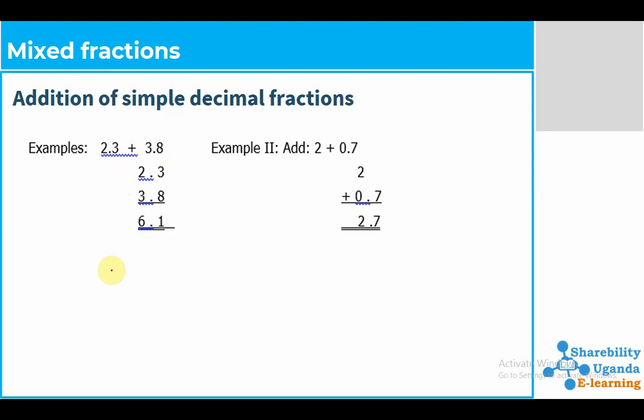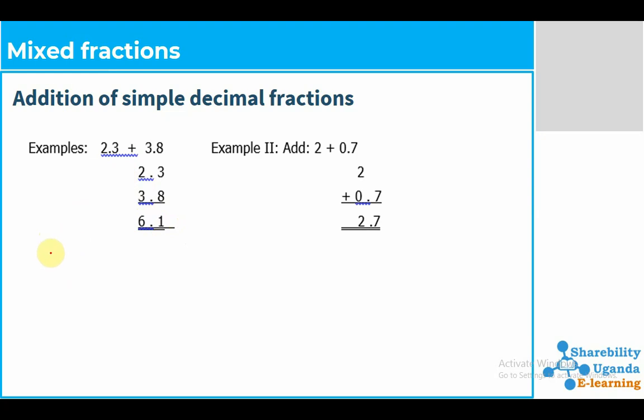It is as simple as you do the normal addition. Any point in these numbers should not confuse you, but it should be able to work it out. So let's have a look at how they were able to come up with a 6.1. Anyone with an idea? Okay, let's get started.